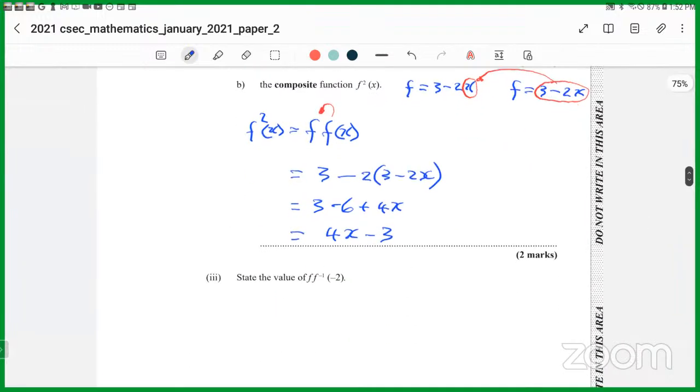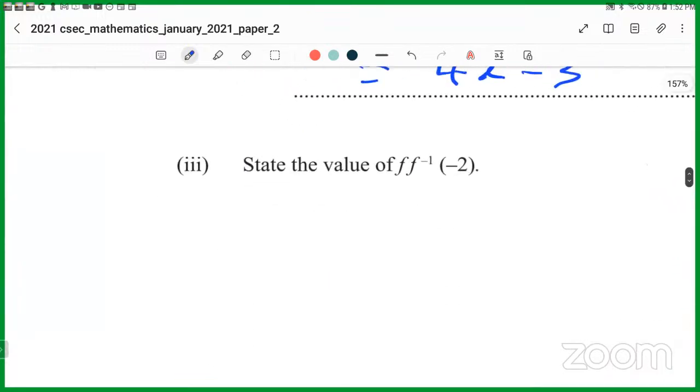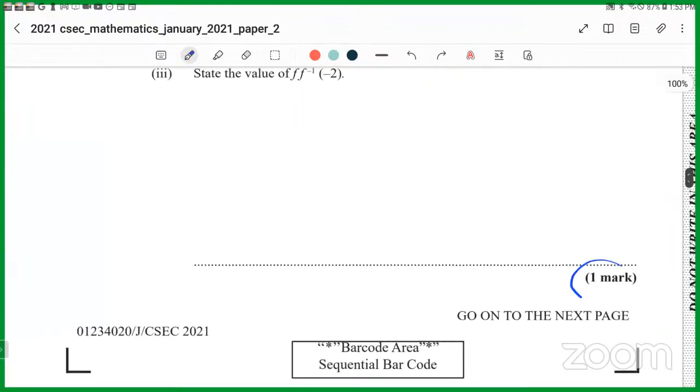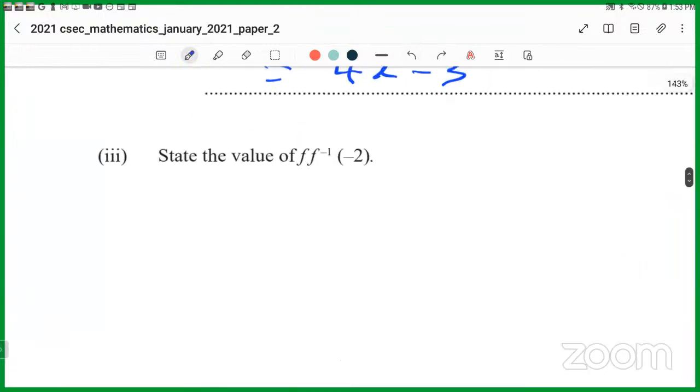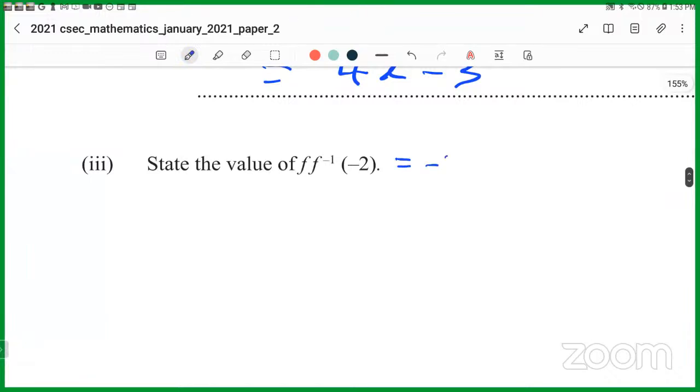I see another part here. This now is just take the value of f inverse of f of -2. Remember I told you in class that you are expected to know this. This doesn't need any calculation, but it's 1 mark. The answer for this has to be negative 2. Why is it negative 2? Because the function and the inverse reverse what each other did.